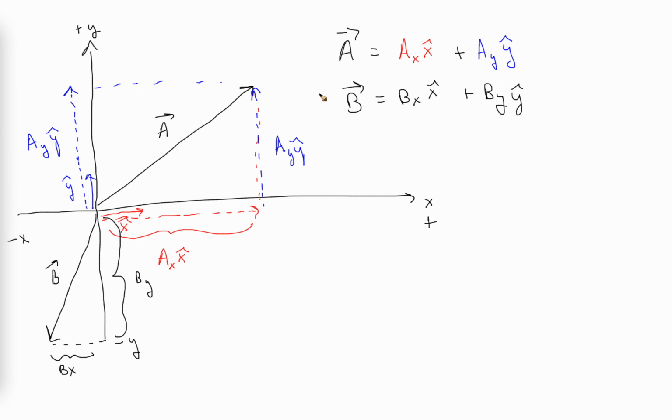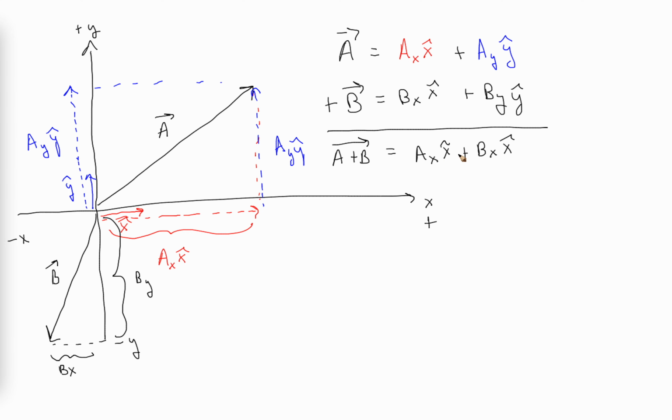So then my next question might be, is there a way to add these two vectors? And is that way equivalent to adding any two vectors? So let's just do this. What we're going to do is add a plus b. So what is a plus b? Well, that's going to be equal to, I have an a sub x plus b sub x. So that's just going to be a sub x x hat plus b sub x x hat.